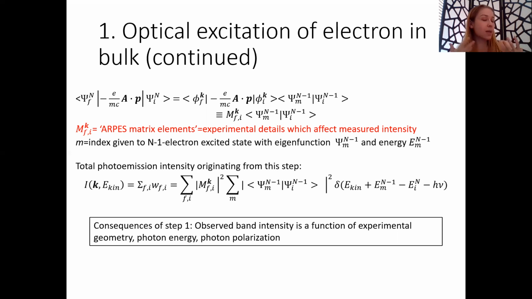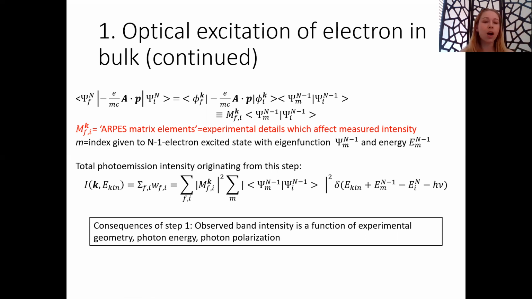This can be exploited, especially at a synchrotron light source, where you can control the photon energy to, for instance, pick a photon energy where the electrons in this material emit the brightest. It can also be used to choose experimental conditions where one band is more prominent than another.